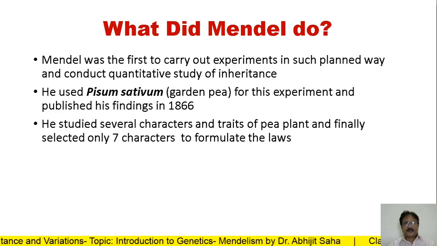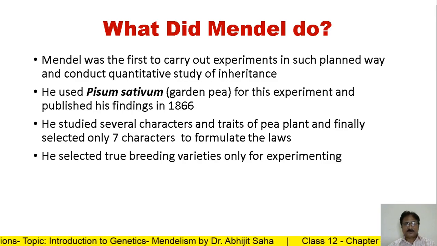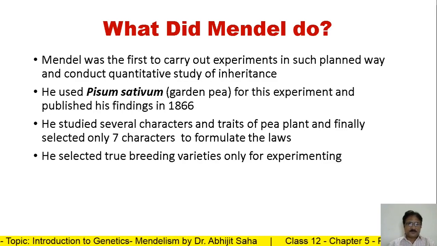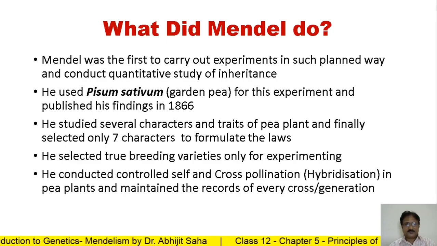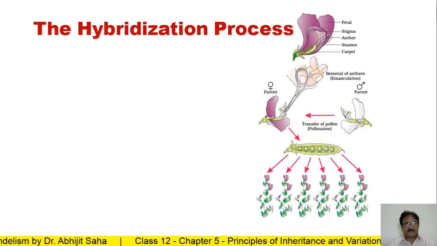Mendel studied several characters and traits of pea, but finally he selected only 7 characters to formulate the laws of inheritance. One very important thing you must remember is that he selected only true breeding varieties for his experiments. He conducted controlled self- and cross-pollinations, otherwise called hybridization, and maintained records of every cross and generation. These are some of the important activities he did.